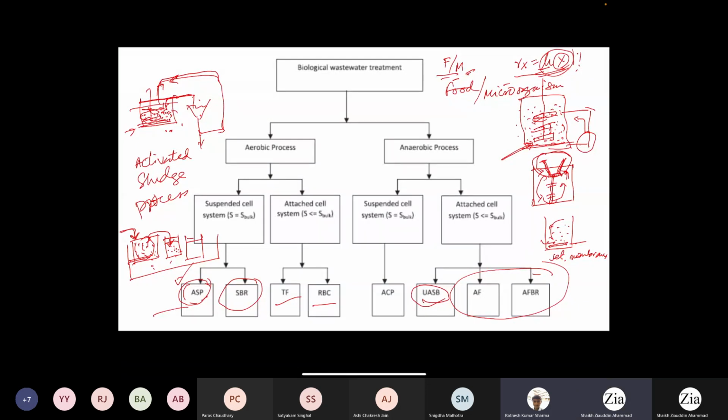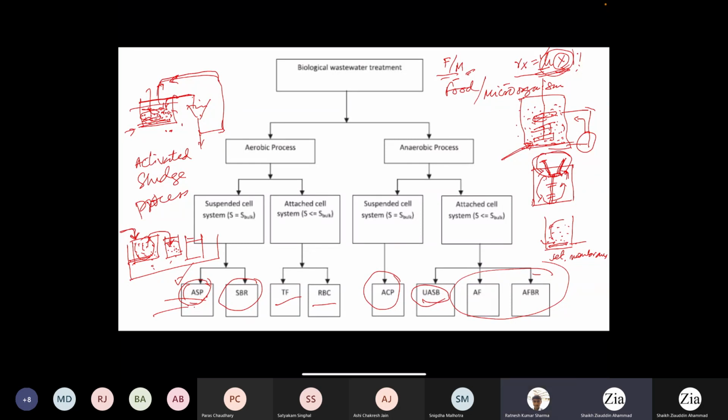Whereas in aerobic systems, mu is reasonably fast compared to anaerobic systems, and there you keep a moderate concentration of X. Typically in suspended cell systems, for anaerobic you have the anaerobic contact process, and for aerobic you have the activated sludge process.